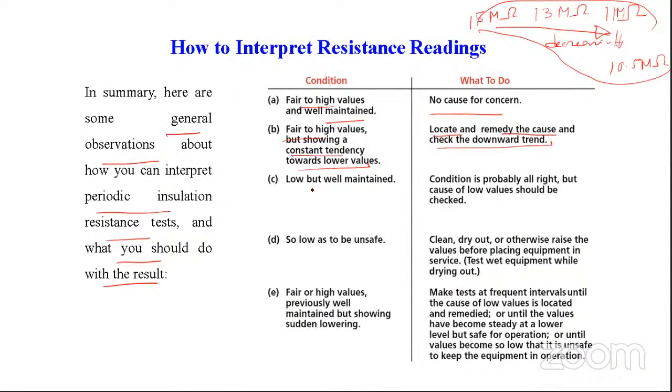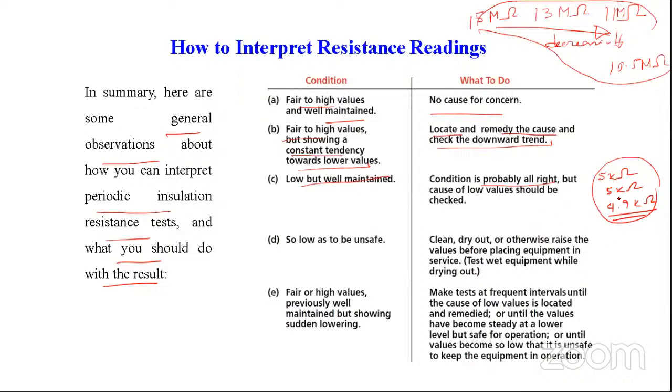Okay, low but well maintained. Suppose in a certain case you get a value of, say, 5 kilo ohm and it is maintained throughout a certain period of time. If you measure a slightly lower value, but it maintains its constant value, in that case you have to know that the condition is probably all right.